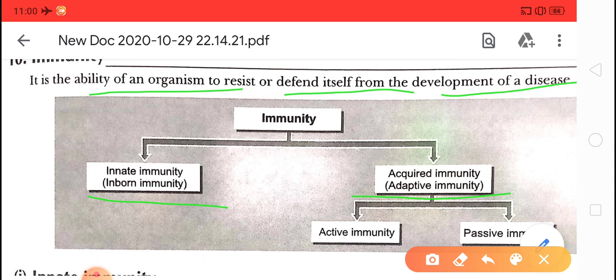So the antitoxin is prepared from ready-made antibodies and given against the poison. This is called passive immunity. So the active immunity and passive immunity, I hope this is clear.